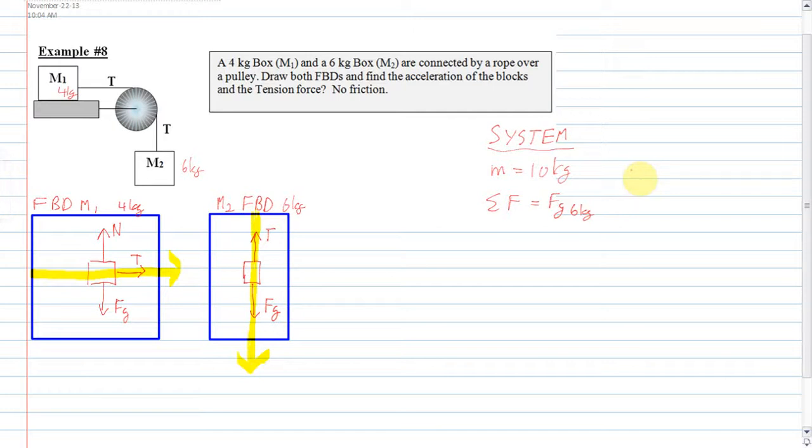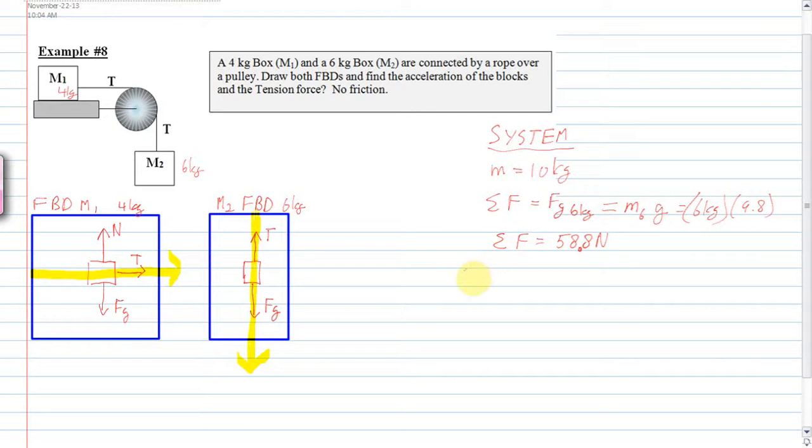It's just the force of gravity of that object, which is going to equal M6, the 6 kilogram object, times G, which is 6 kilograms times 9.8. So all the forces that are acting to move it is 58.8 newtons. That's 6 times 9.8.